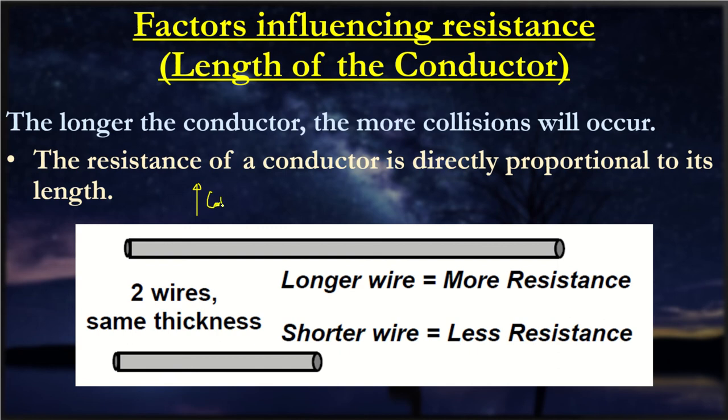So if we're increasing the number of collisions, or maybe percentage of collisions, we're actually increasing any interactions. So that's increasing interactions, that increases energy loss, and that will also lead to a greater resistance. So that's why if you have a longer wire, you will expect to see more resistance than a shorter wire.